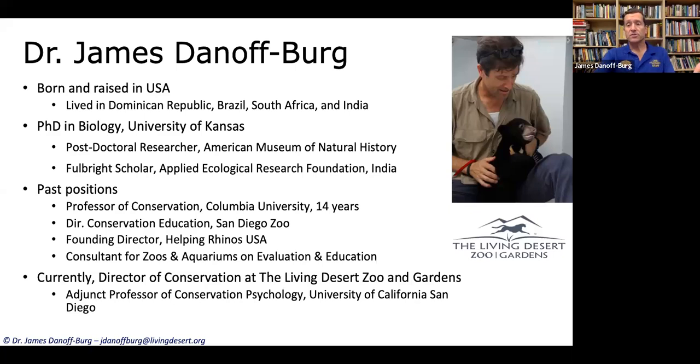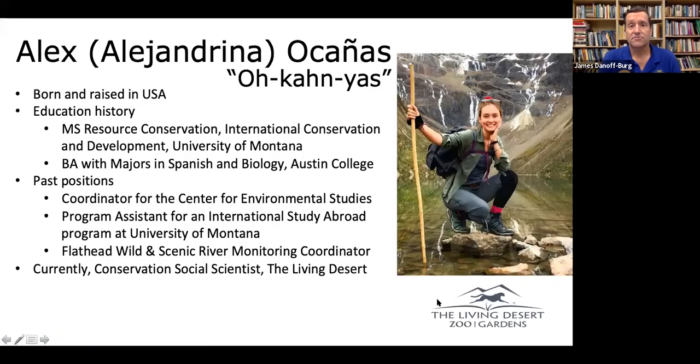Now, the other person who's going to be joining us on this workshop, the live workshop on Tuesday when we start, is my colleague, Alexandra Ocañas. And Alex, and I spell out her last name there, Ocañas, in case you don't know Spanish, was born and raised in the US. She's from Texas.